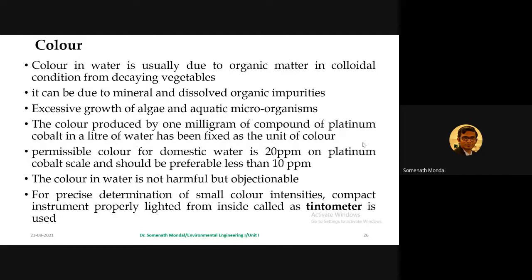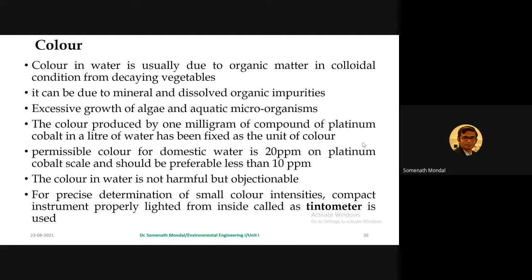Fine, so which we discussed before. Now the standard color intensity corresponding to this matching will represent the intensity of the color of the water sample for which turbidity was unknown. So the maximum ppm is mentioned, and though the maximum limit is 20 ppm, the preferable one is always less than 10.